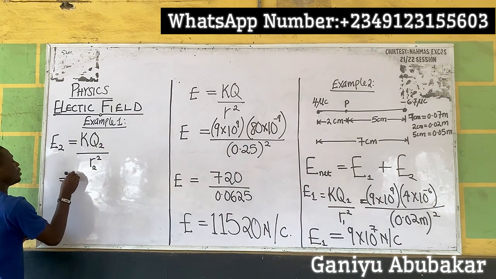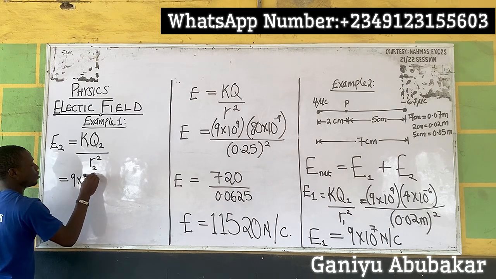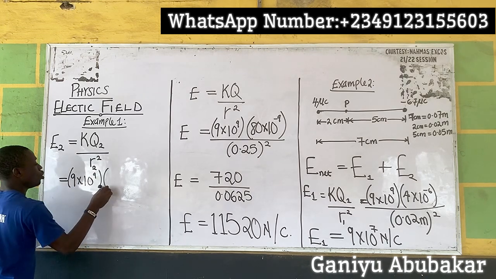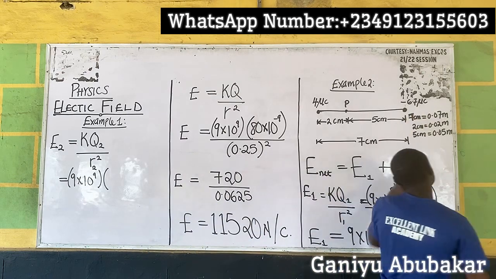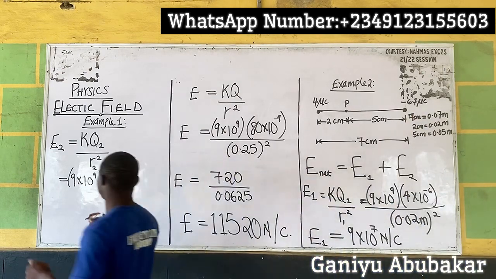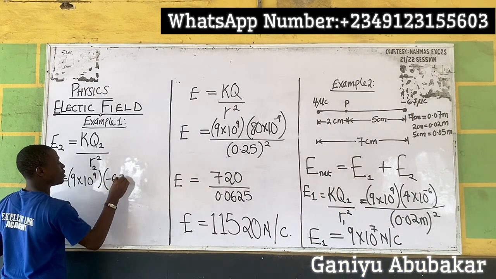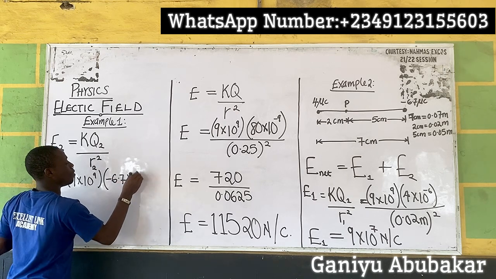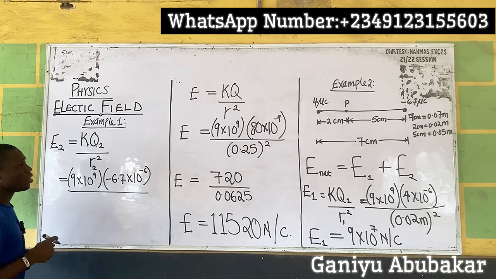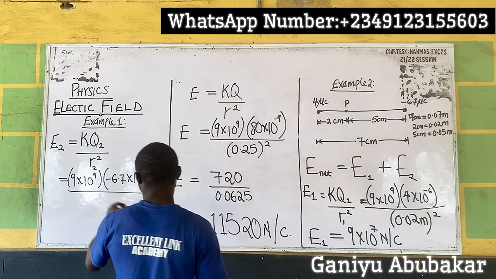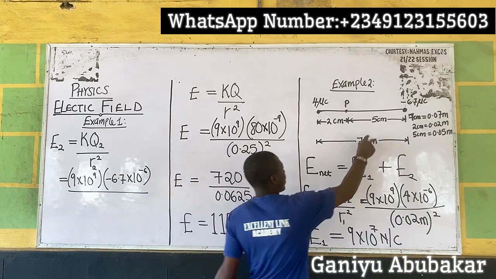K is of course 9 times 10 to the power 9, times Q2, and my charge Q2 is negative 6.7 microcoulomb. That becomes negative 6.7 times 10 to the power minus 6, all over r2 squared. This is the second distance, r2.